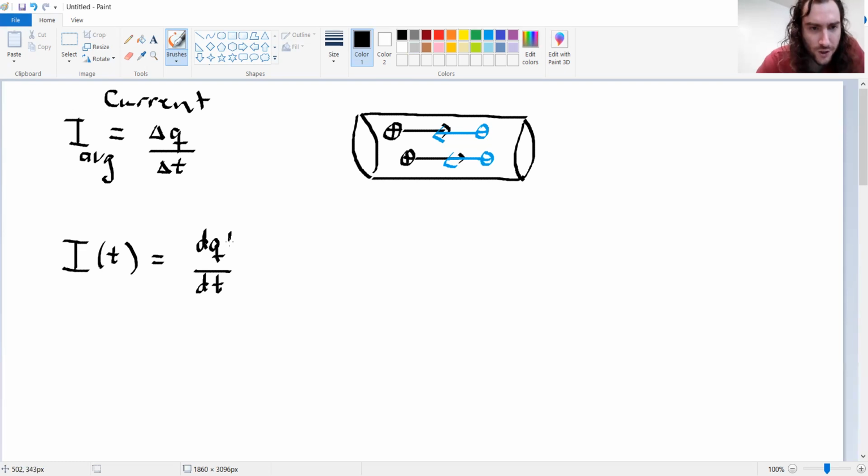Now, it's only going to be a function of time if the flow of charge is changing with time, right? So if we just have a fixed amount of charge passing through a wire in a given period of time, then our current is going to be constant because the amount of charge flowing doesn't change with time, right?